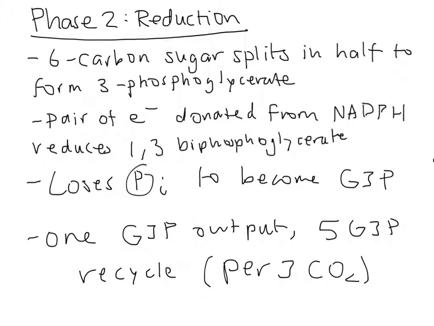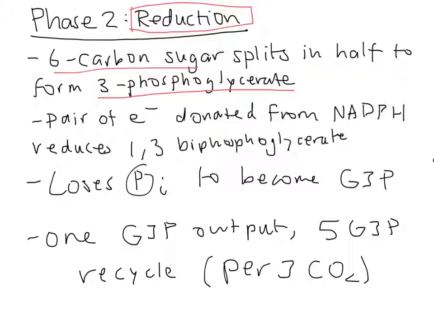Phase 2 of the Calvin cycle is reduction. So in this phase, the 6-carbon sugar that was formed by adding CO2 to ribulose bisphosphate is split in half to form 2 3-phosphoglycerate.